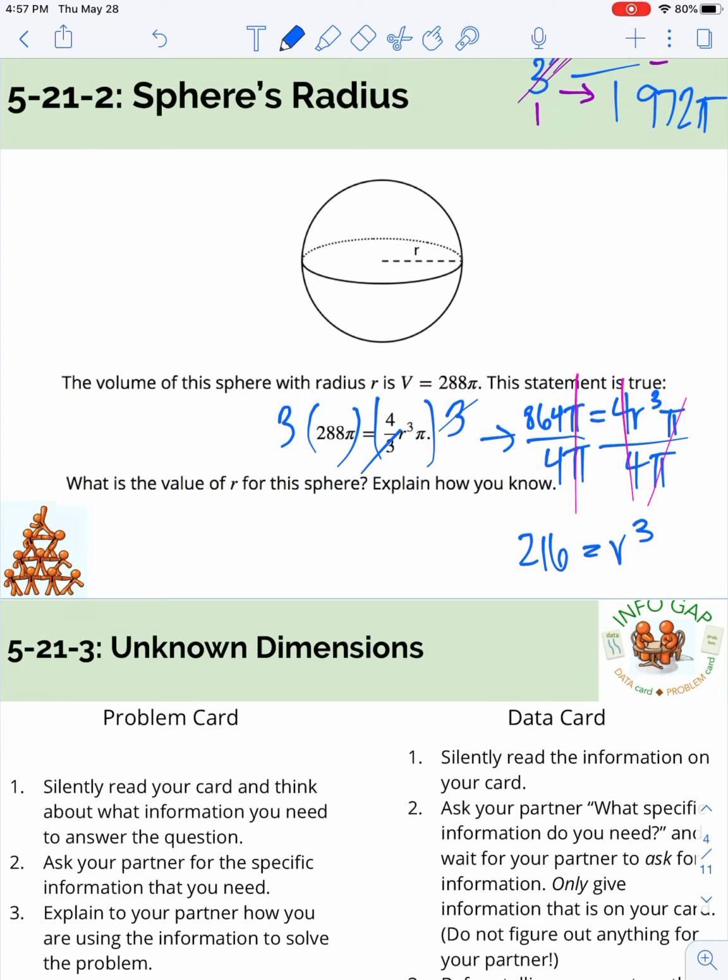Remember, you're taking the cube root, or you're rooting it by 3, if that makes sense. Or you can think of it as, what number times itself 3 times gives that number? So the cube root looks like this.